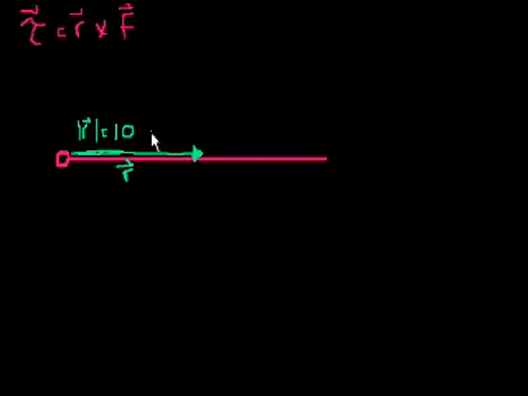At some distance 10 from the pivot, I apply some force F, and I'll do F in yellow. Let me draw it straight. I apply some force F at some angle. That's my force F. It's also a vector, with magnitude and direction.